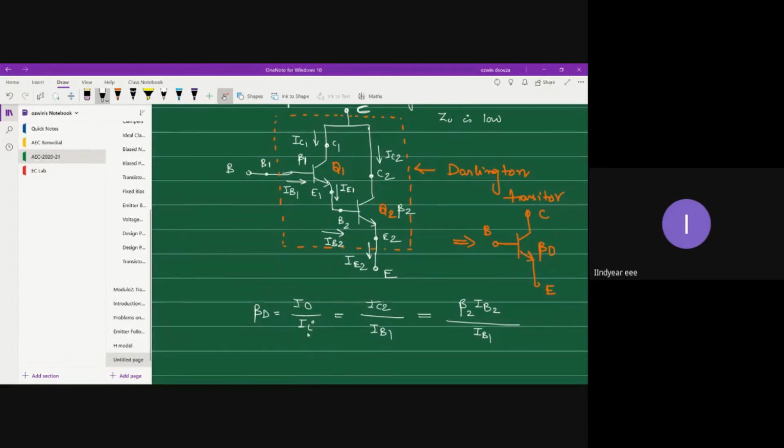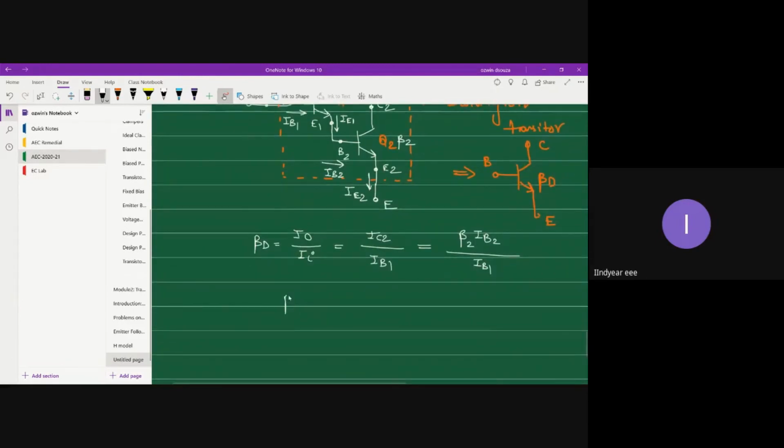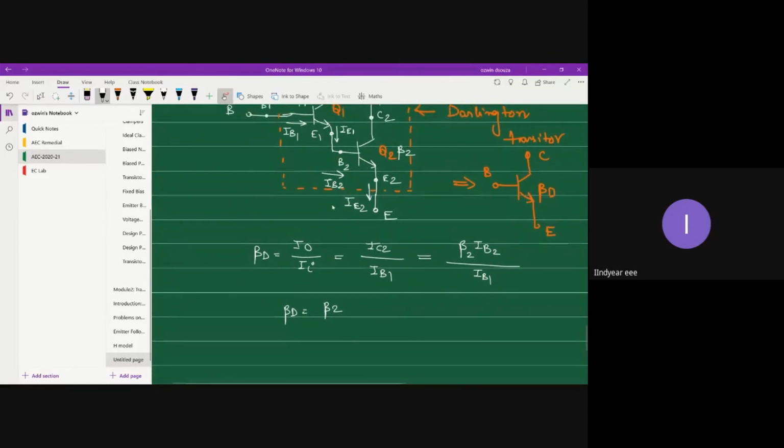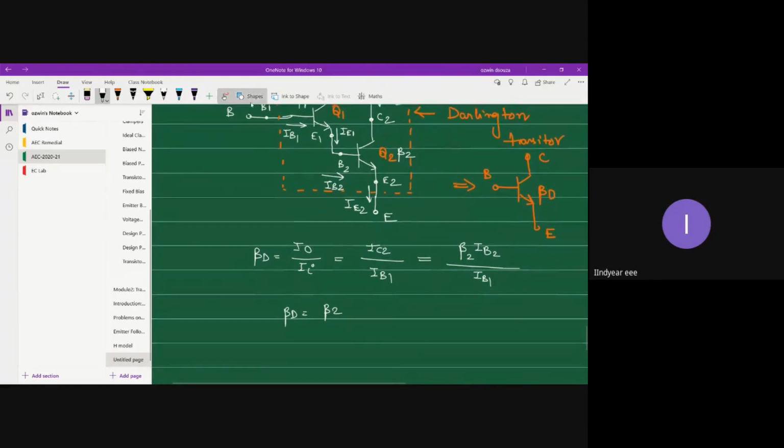Or beta D is equal to beta 2 into IB2 over IB1. Now, can I write IB2 as IE1?